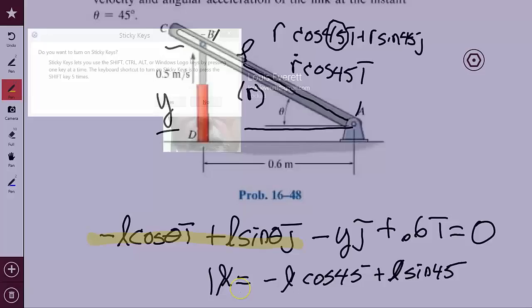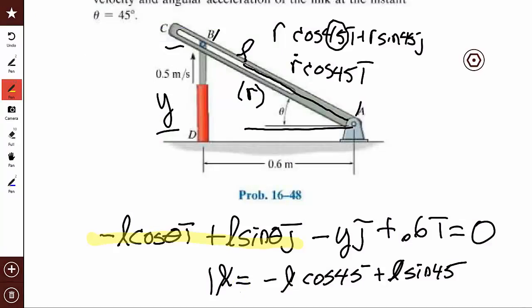Do you want to know something about it? Is that what the question asked? What's the velocity of B? Do you know something about B? Not really. But why is it special? It touches more than one body. That makes it special. You only write the omega R equations on special points.